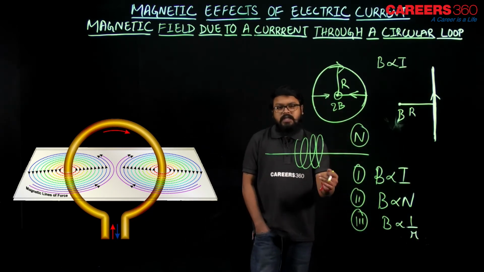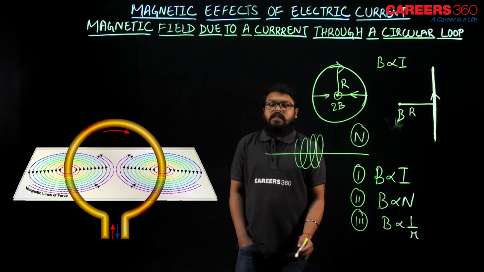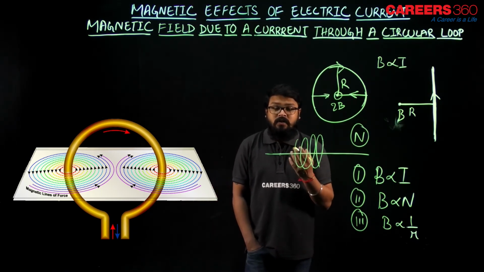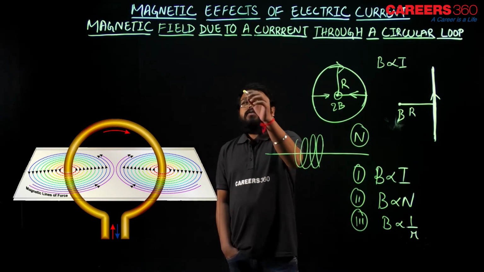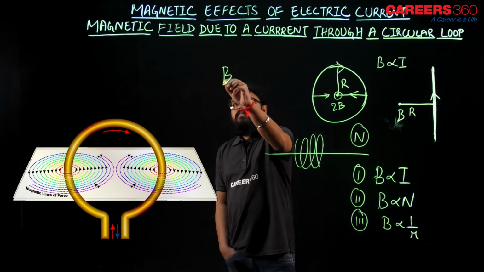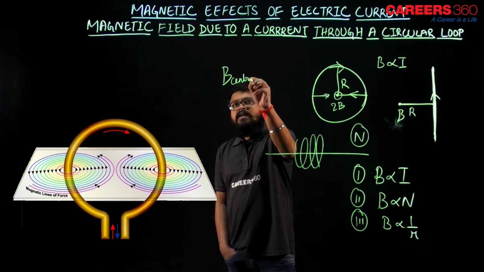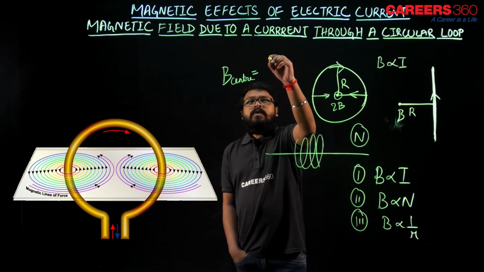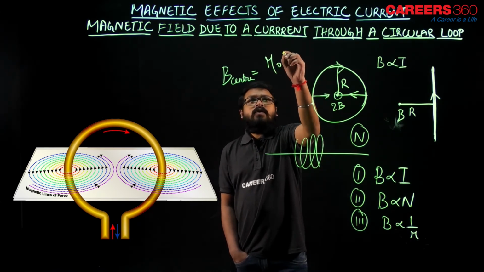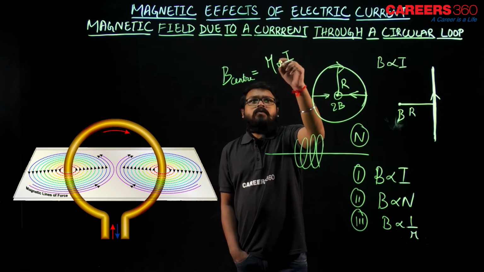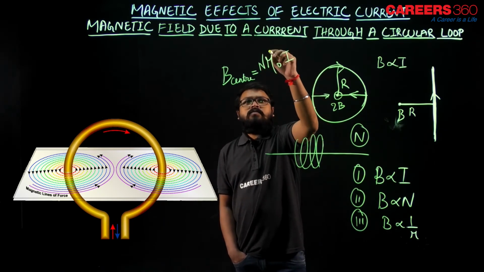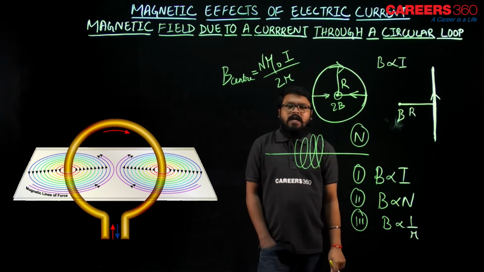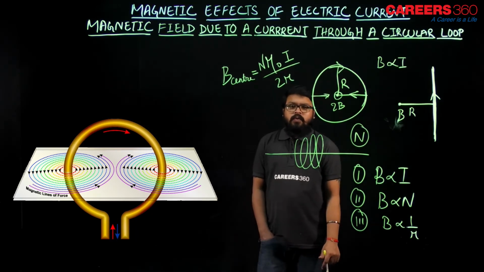Now these three things can be combined, and we can write the formula for magnetic field at the center, the derivation of which we will study in higher classes. So the magnetic field at the center, B center, that is the magnetic field intensity at the center, is given by n times mu naught I upon 2r.